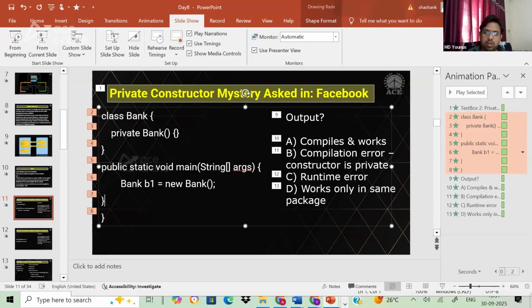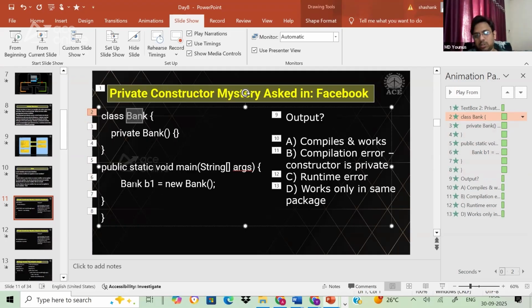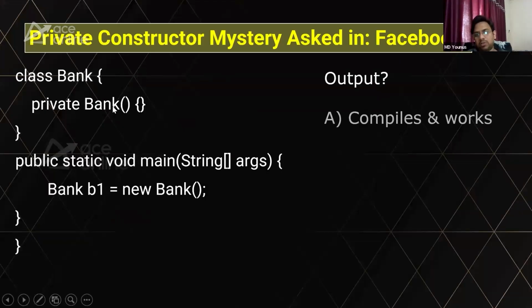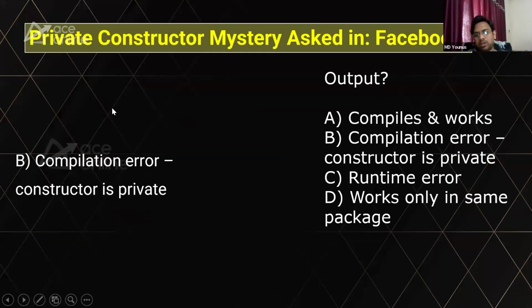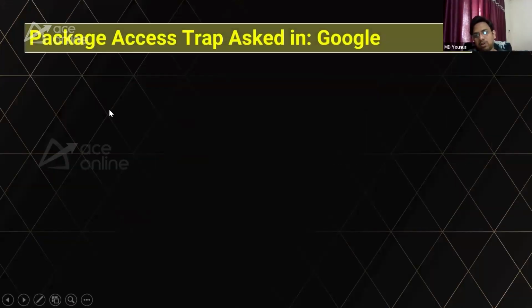Yes, it is allowed now, because this main method I put inside the bank class itself. Private members can be accessed within the class. I'm accessing from the same class, so it is allowed. But anyhow, the correct answer for the earlier program was the compilation error. Constructors can be private, but they cannot be accessed.